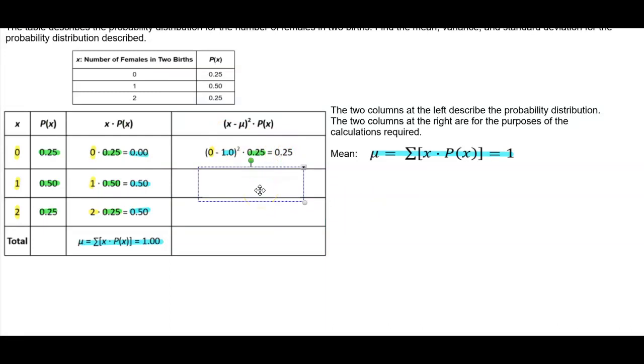Now let's do the same thing for the next one. We take the data value of x, which is 1, subtract the mean, square that, and multiply it by the probability of 0.50. Well, 1 minus 1 is 0, and 0 squared is 0, and 0 times 0.50 gives us 0.